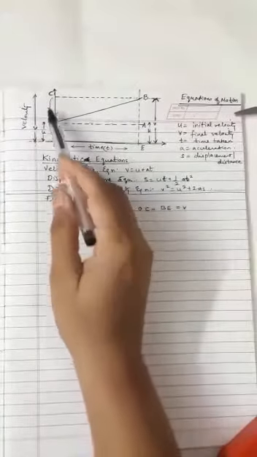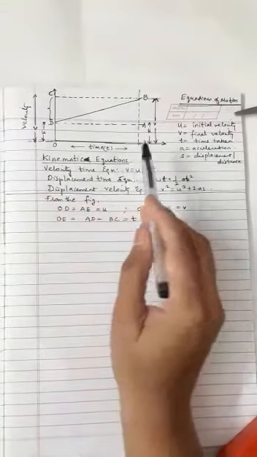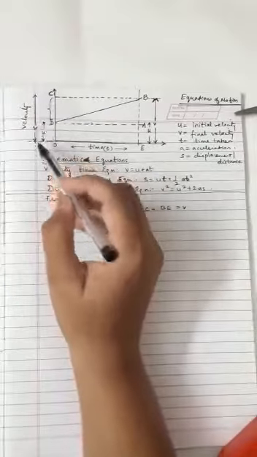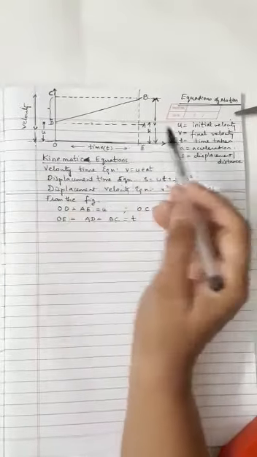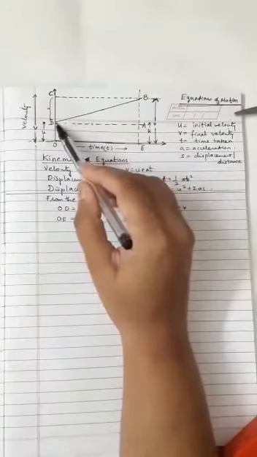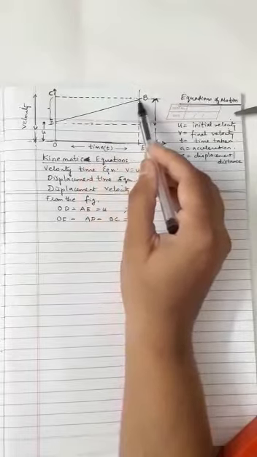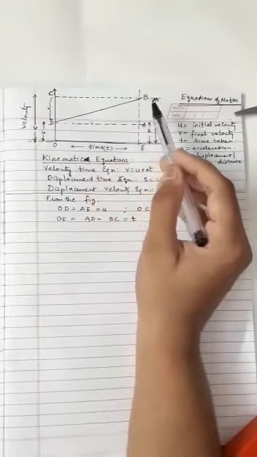Now you can see we have made a graph here. Along the x-axis time is taken, and along the y-axis velocity is taken, and 0 is the origin. You can see the nature of the graph, it is a straight line. So here the object is in accelerated motion, that is uniformly accelerated motion.